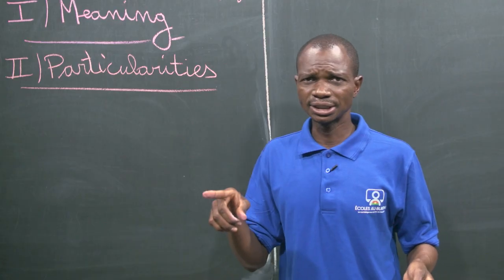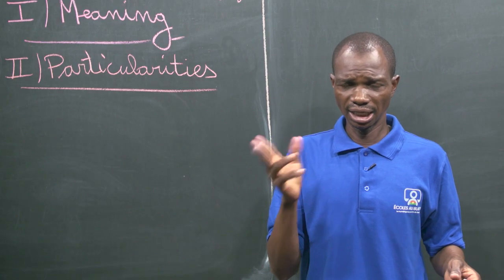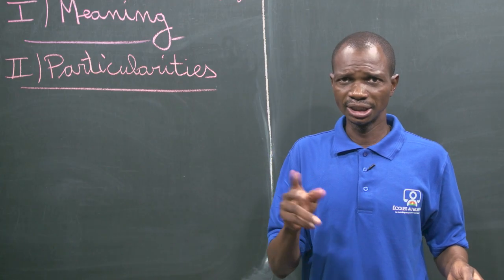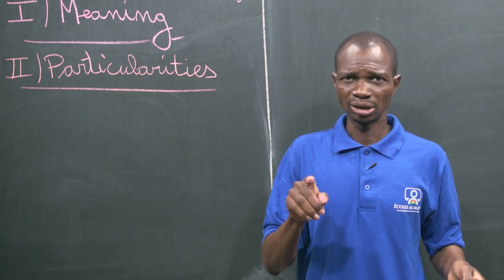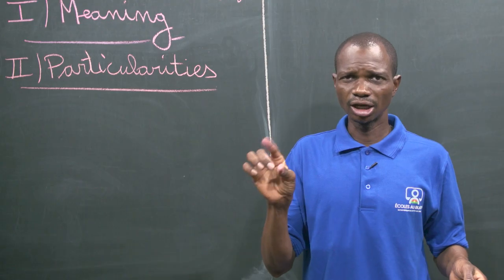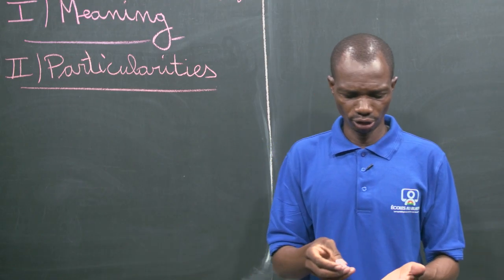But if it is a modal auxiliary that we want to conjugate, for example can: I can, you can, he, she, it can, we can, you can. Here, at the third person singular, no S.